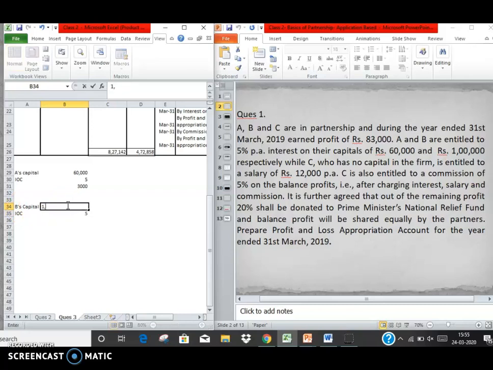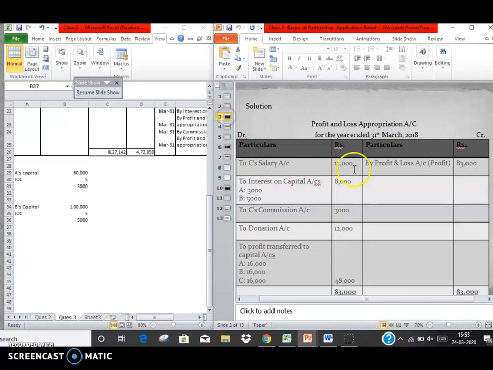Similarly, with the same formula, if you apply, it will be this into 5% divided by 100, which is 5,000. So now we are able to gather this amount, which is directly given in the question. A, 3,000 is already given to you. B, you already know from where it has arrived. This amount is clear to you.